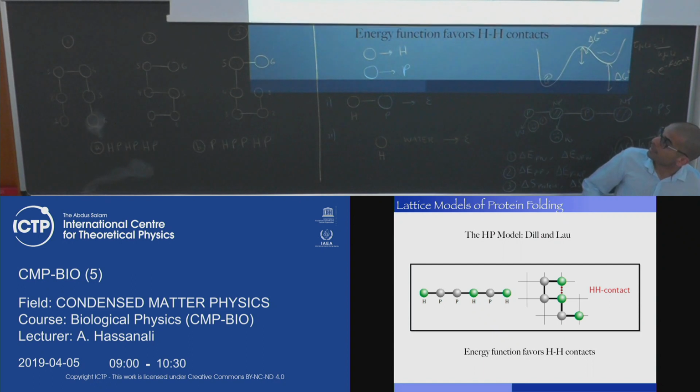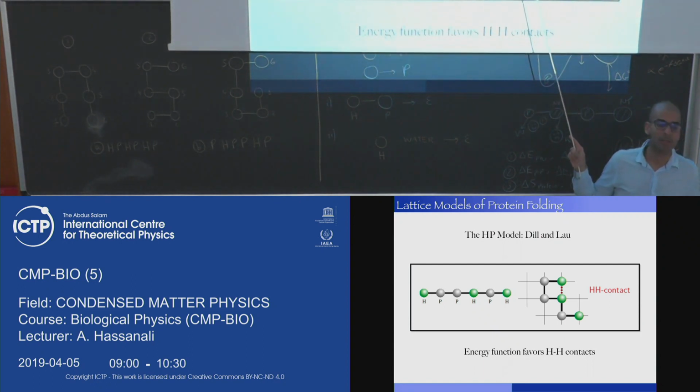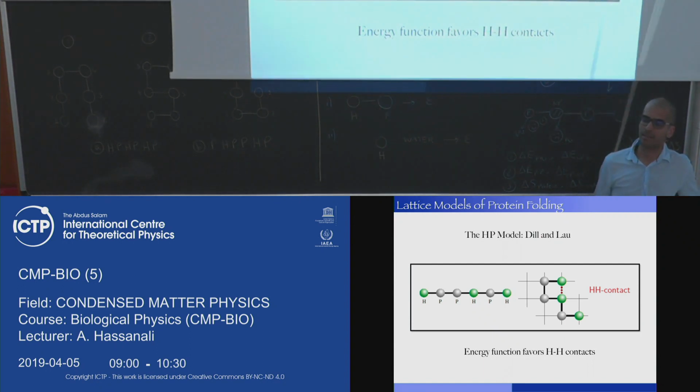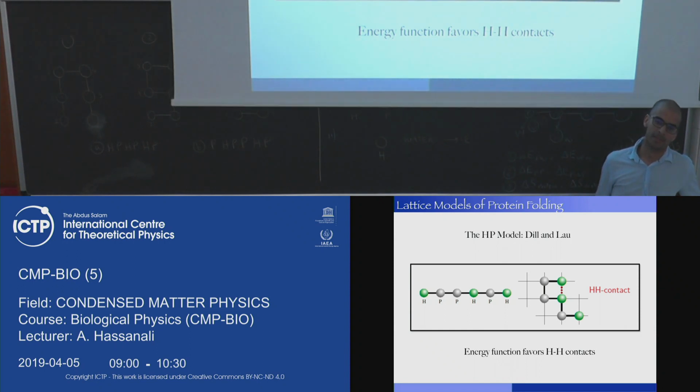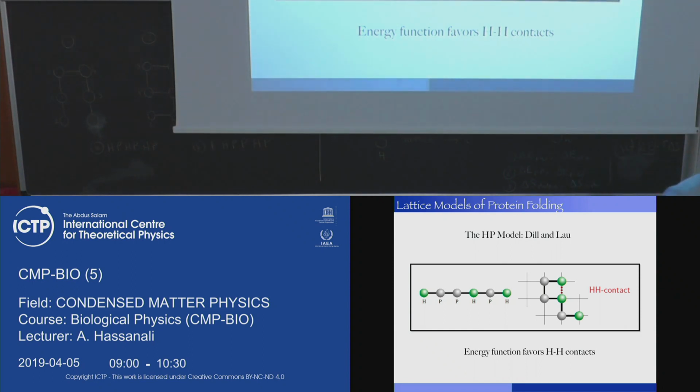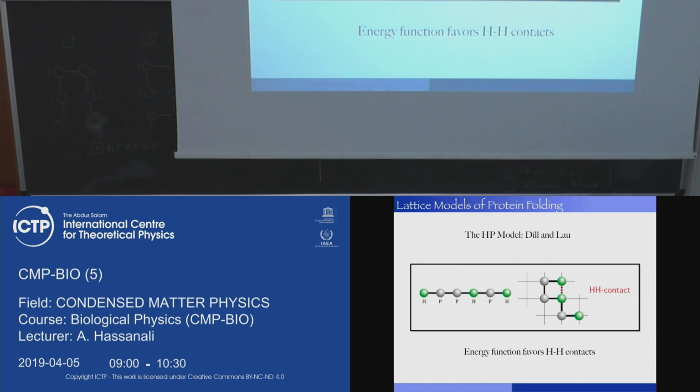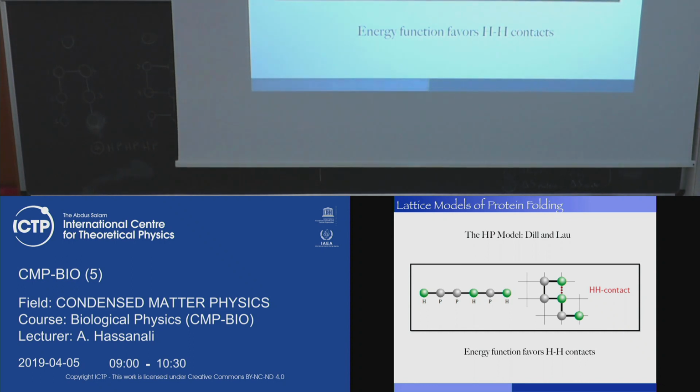So this is a model that's used a lot in the statistical physics community. As you know, lattice models are very popular in physics, and in the statistical physics community, people have been trying to think about, how do you rationalize the protein folding problem? What's the simplest model that you can come up with to rationalize why a protein would fold?